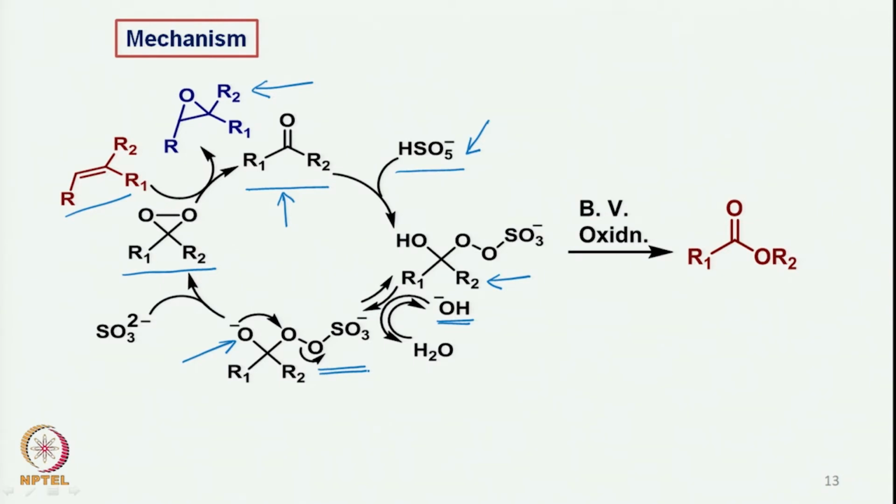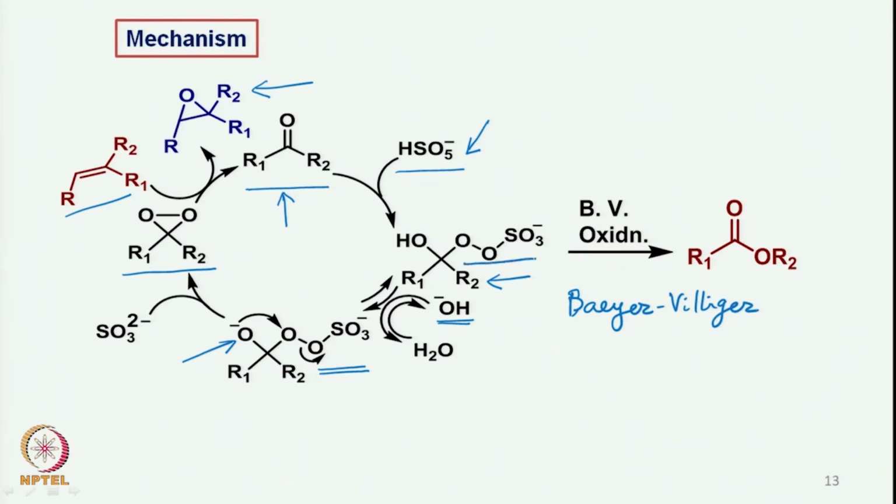One of the problems that is found is that if the condition is not much basic, then there is a possibility of this Baeyer-Villiger oxidation to take place. So you have a possibility of Baeyer-Villiger oxidation, because what you have is this path as a leaving group.